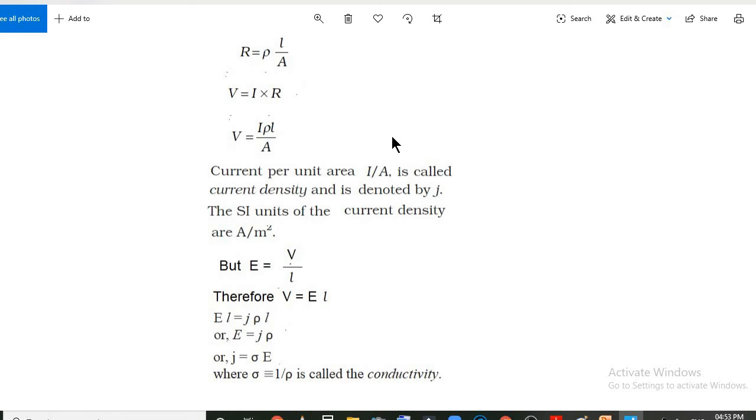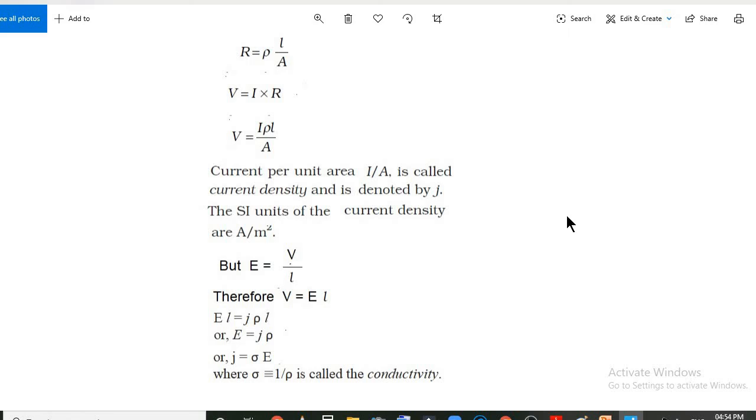Or last class you studied surface charge density, total charge divided by total area. The same way, current density means total current divided by total area. That term can be represented by a symbol J.